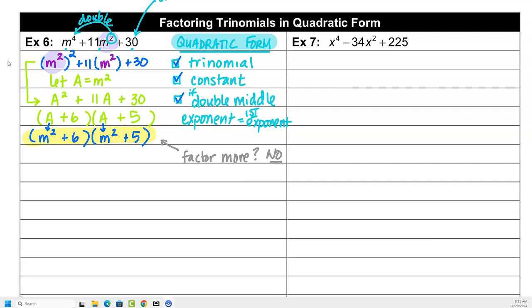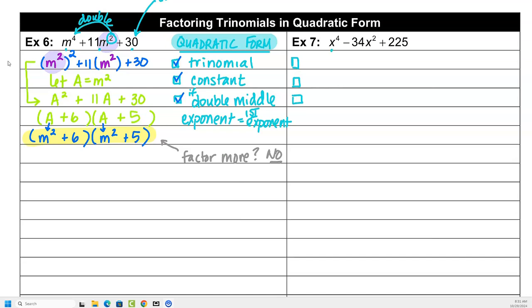All right, let's take a look at example 7. I don't want to write it all out again, but for example 7, do we have 3 terms? A trinomial, right? We're now applying it to this problem. I'll put the boxes here.